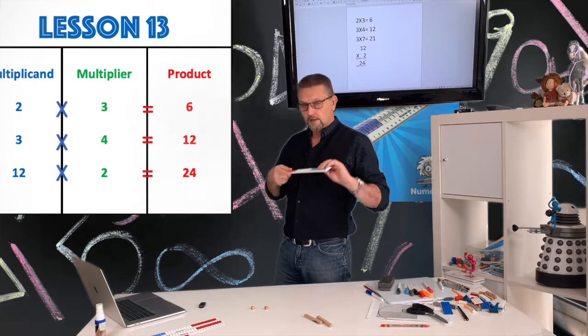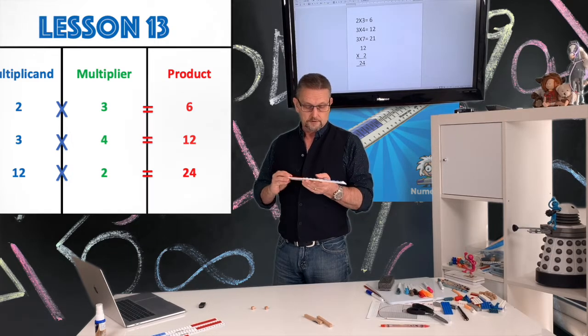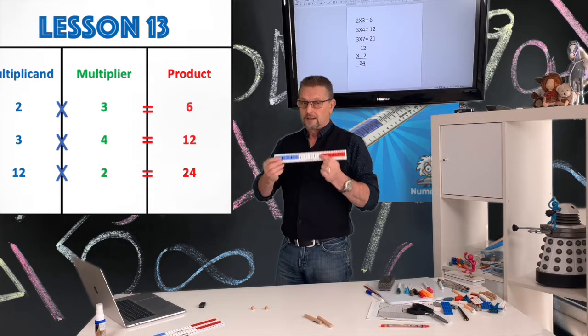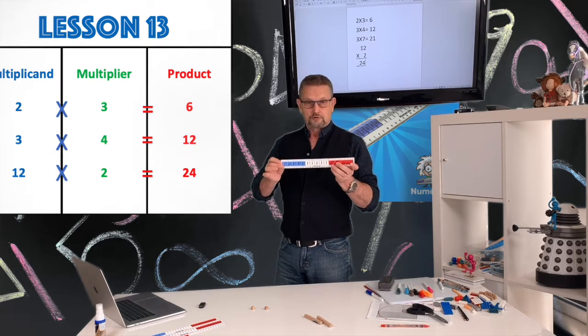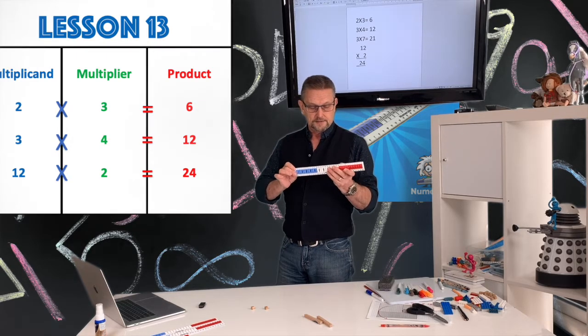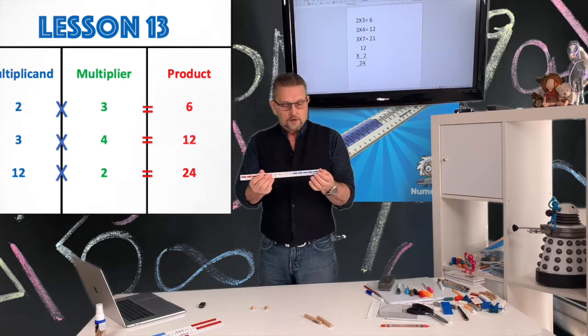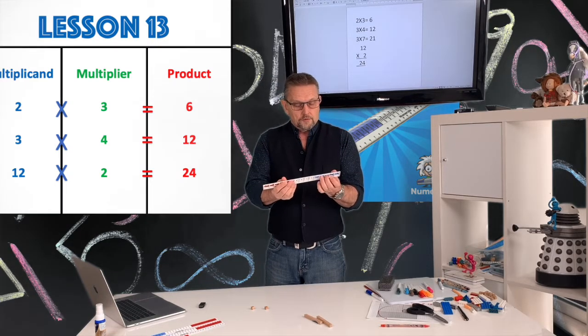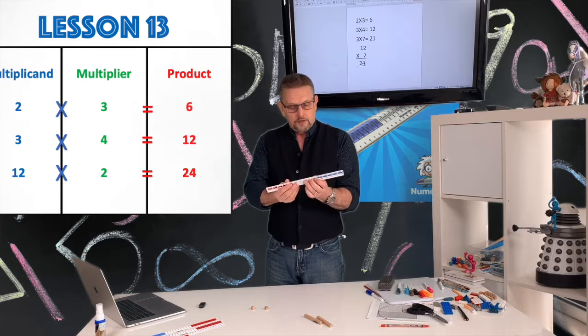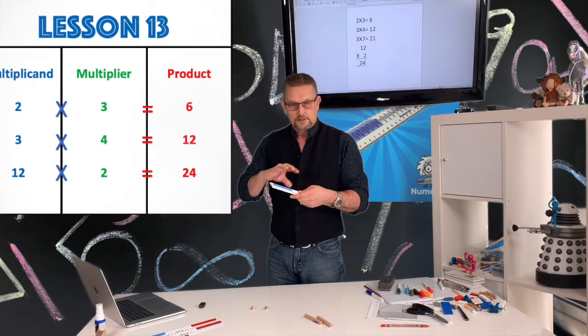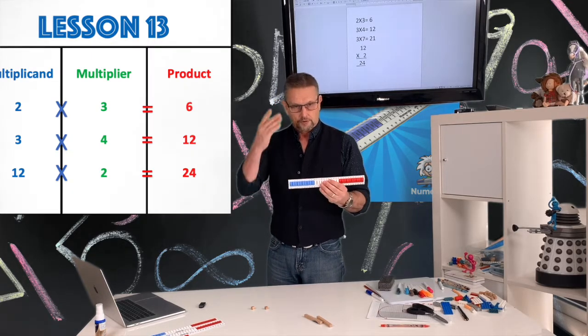So we've learnt a number of things today. One, we've learnt that the Numerule again is a multi-sensory learning aid. It's fantastic. Getting your hands to do things while you're thinking allows you to attach a lot more meaning to what's going on.